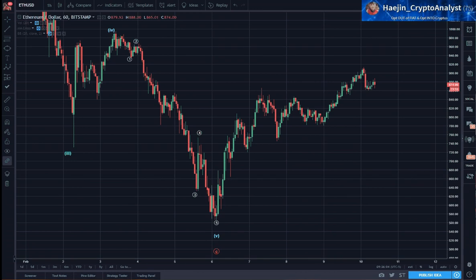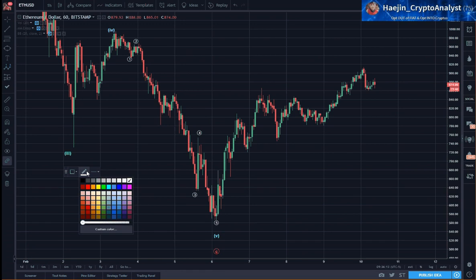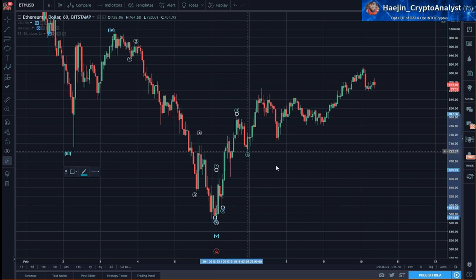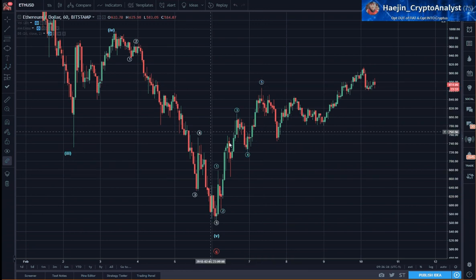Okay, so let's see if we can do 5 waves up here. I think there were 5 waves. That will look like 1, 2, 3, 4, 5. One might ask, well, why don't you put 3 and 4 there? You can.